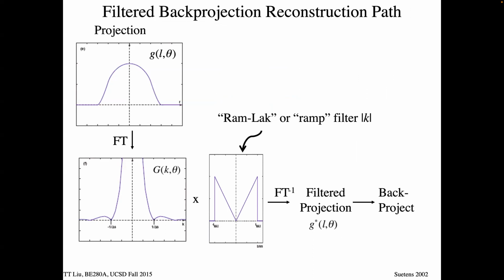The reason we multiply is the convolution theorem: convolution in space is equivalent to multiplication in the Fourier space. So we multiply by the ramp, and all that does is weight our data and then truncate the data. Then we take the inverse Fourier transform of that finite data, and that gives us the estimate of the back projection.